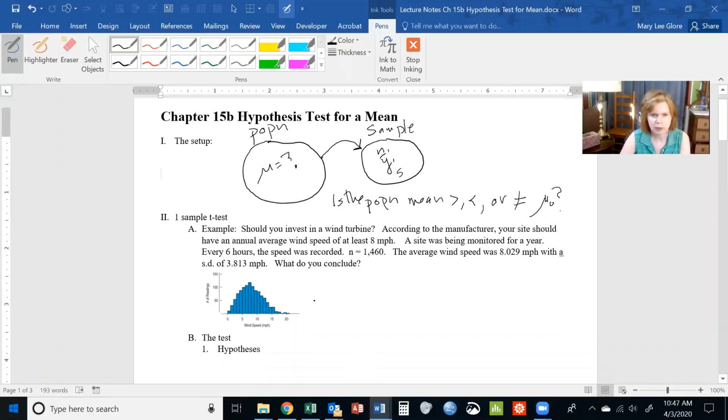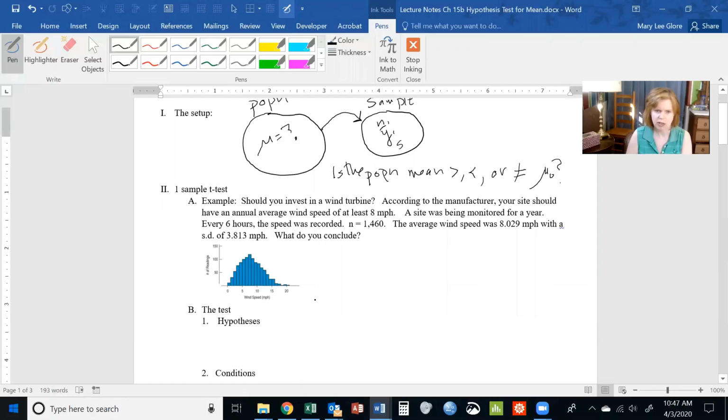We have a wind turbine. We're thinking about investing in a wind turbine. But according to the manufacturer, in order for it to be worth the investment, your average annual wind speed should be at least 8 miles per hour. The annual average wind speed, this is mu.